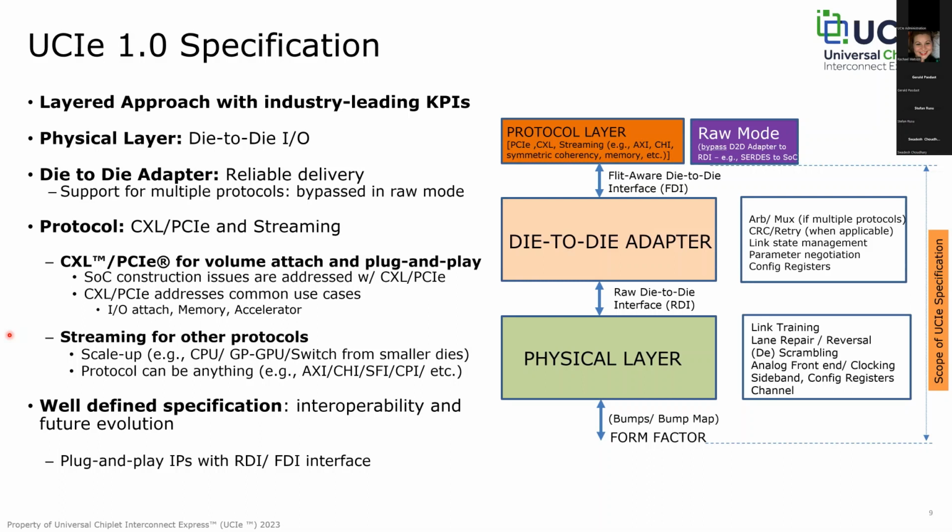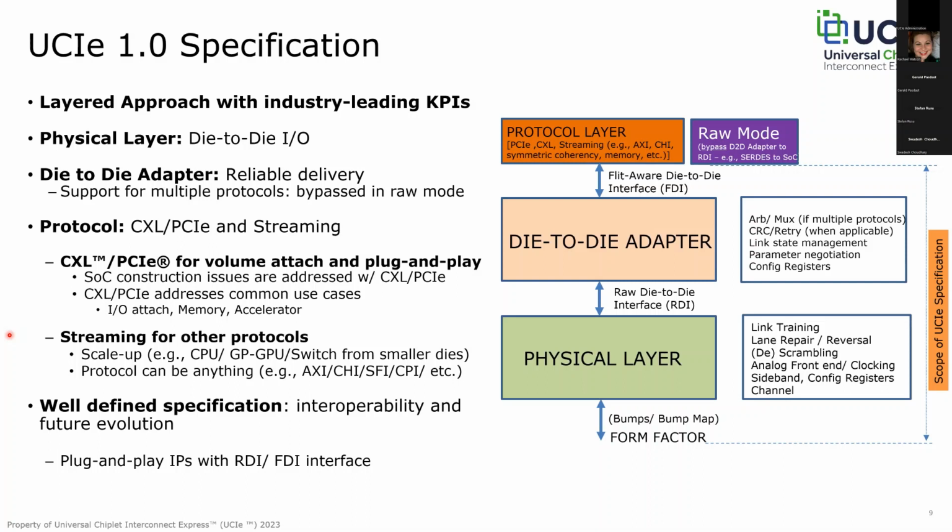But on top of that, you really need to have some idea of what the protocol is going to be, because electricals alone are not going to guarantee industry-wide interoperability. So we have a physical layer there, and you can see a box to the right of it with the functionalities implemented. You have a die-to-die adapter. The adapter is a very important line item here.